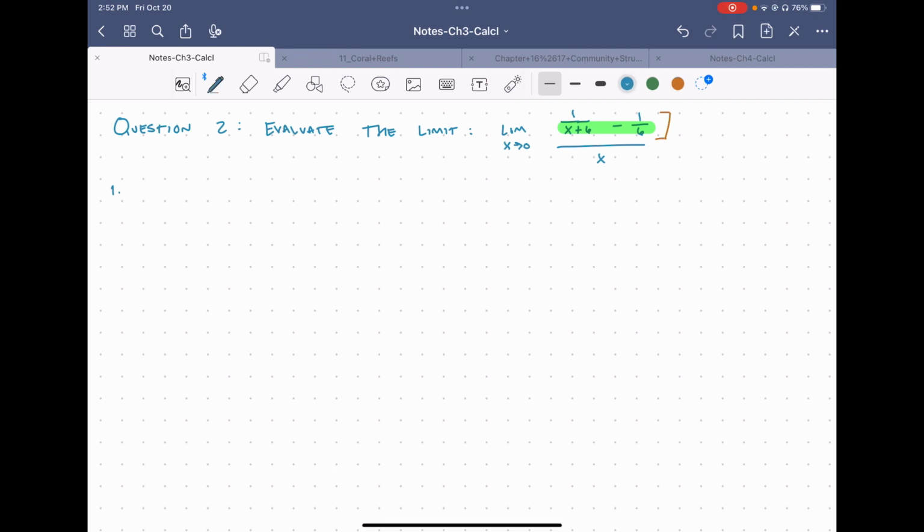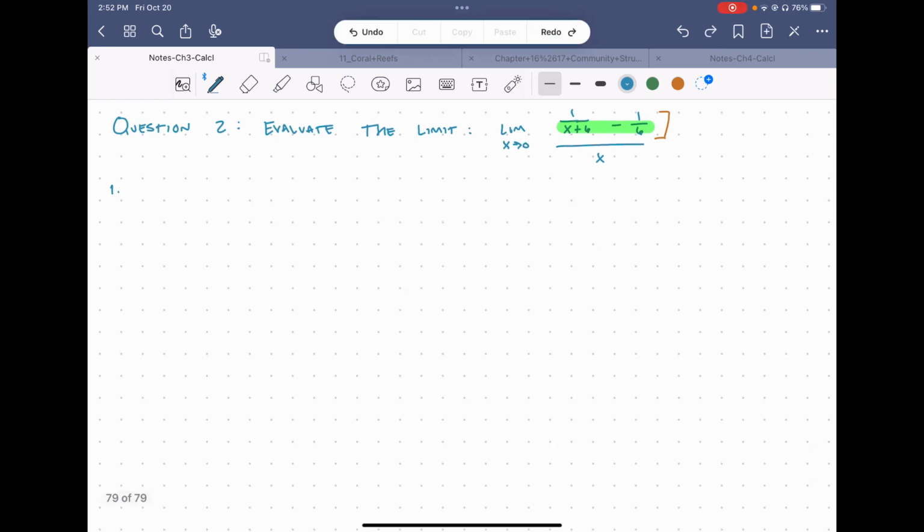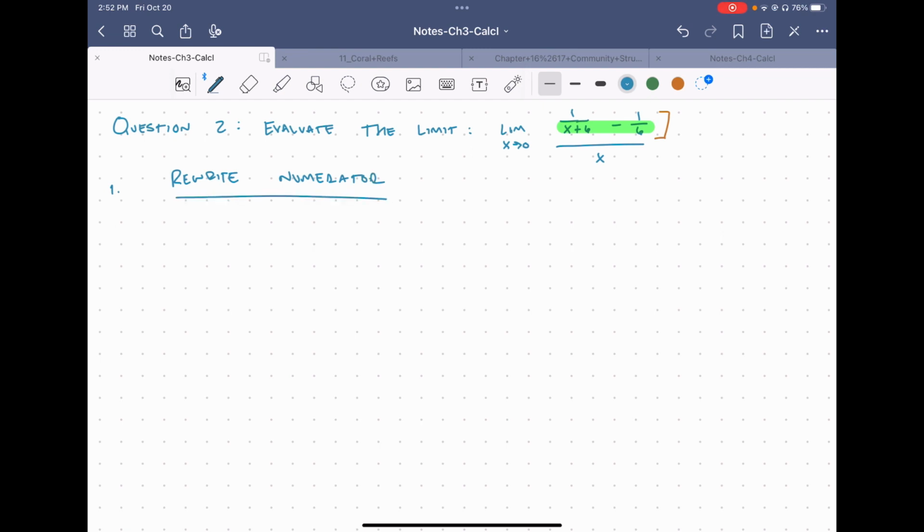So I'm going to rewrite just the numerator. So I had the limit as x approaches 0, 1 over x plus 6 minus 1 over 6.